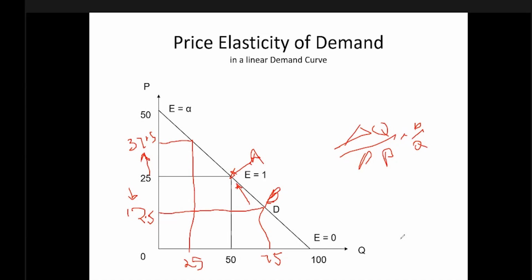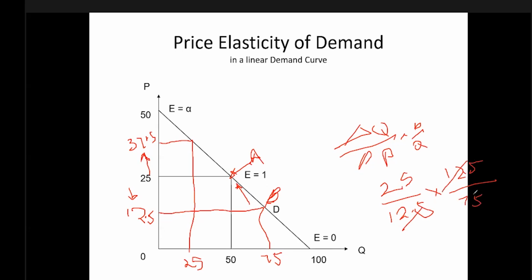What is the delta Q? Delta Q is 25 divided by delta P, it is 12.5 multiplied by initial price, which is 12.5, divided by initial quantity 75.